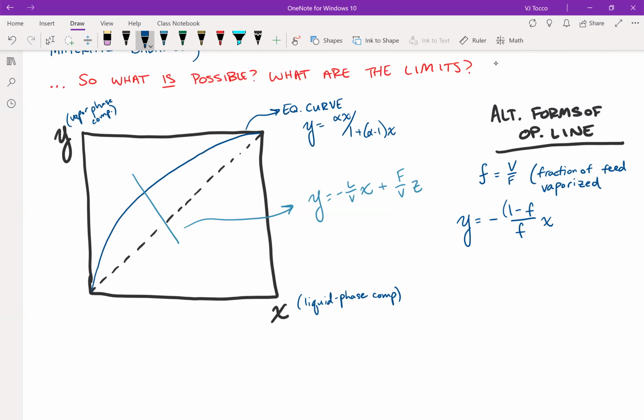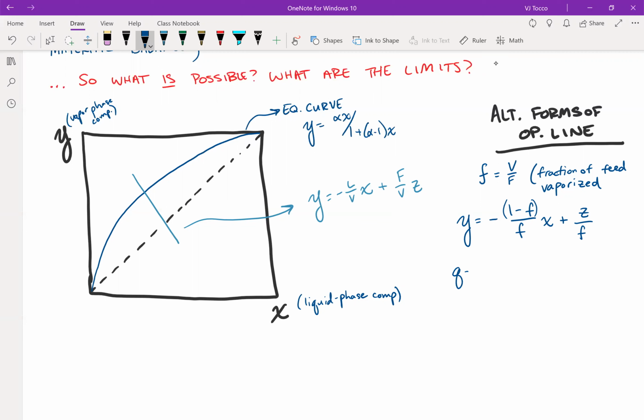Y is equal to negative 1 over f times x plus z over little f. This equation is exactly equivalent to the equation I derived last time. The only difference is what it's in terms of. You notice this equation is a little bit simpler because I only have one parameter, little f. So if I know what V over F is, sometimes it could be simpler just to use this equation.